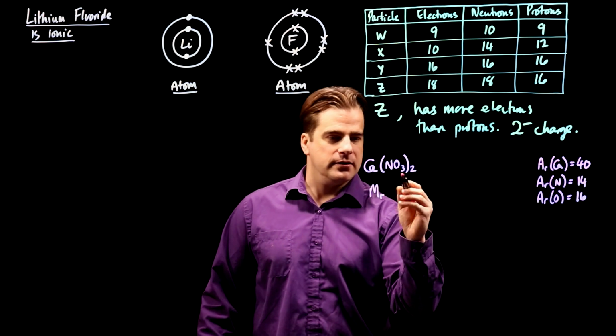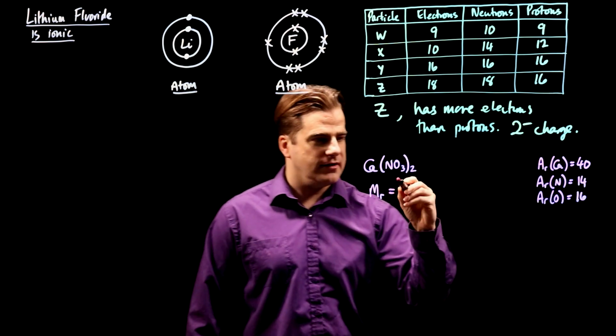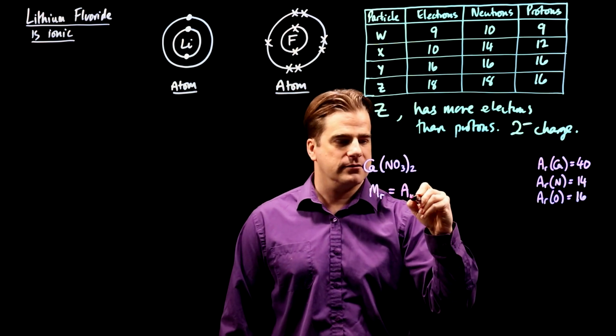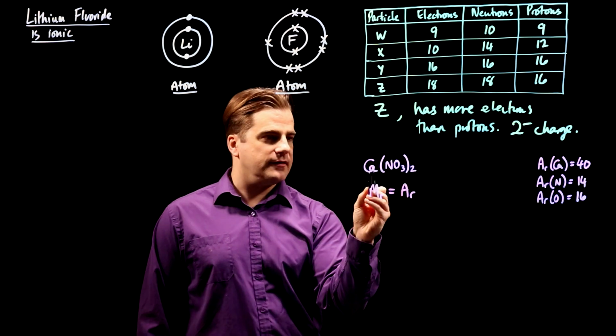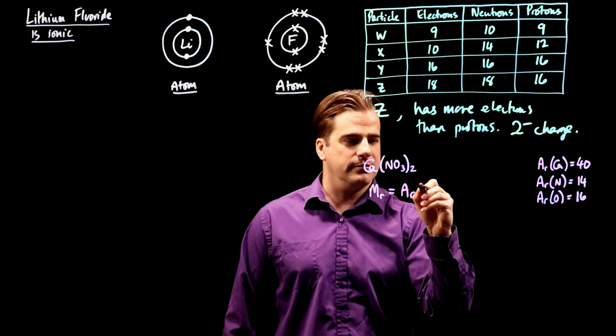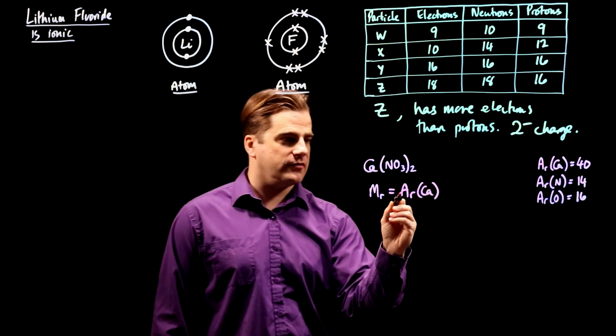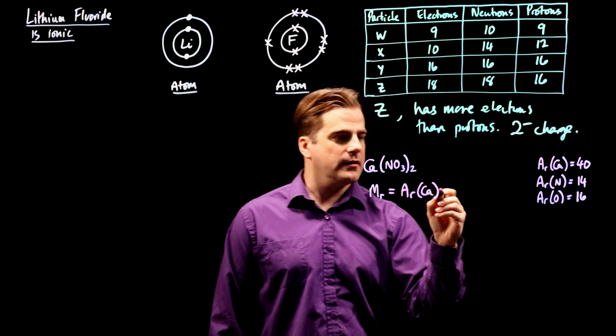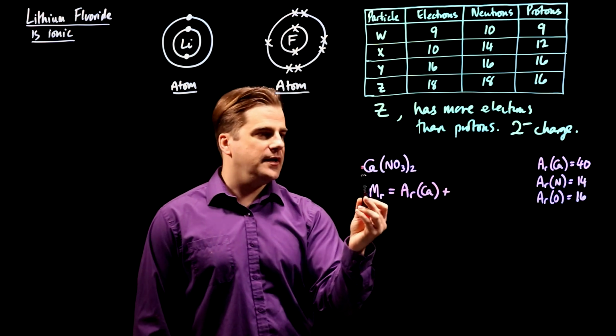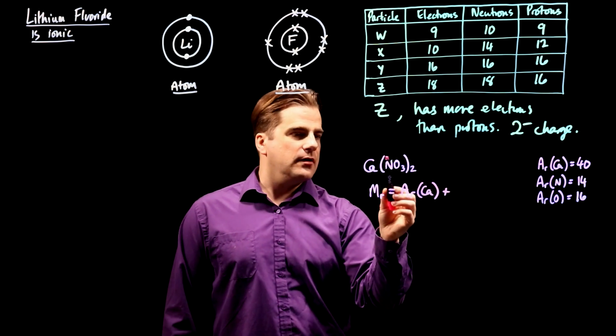So, the MR of calcium nitrate is equal to the AR of, how many calciums has it got? It's got 1 calcium. So just 1 times the AR of calcium, plus, how many nitrogens has it got?